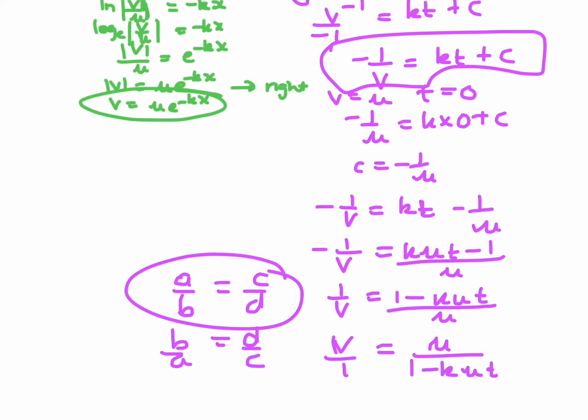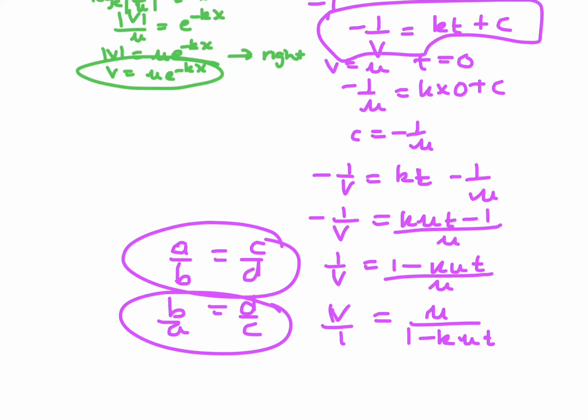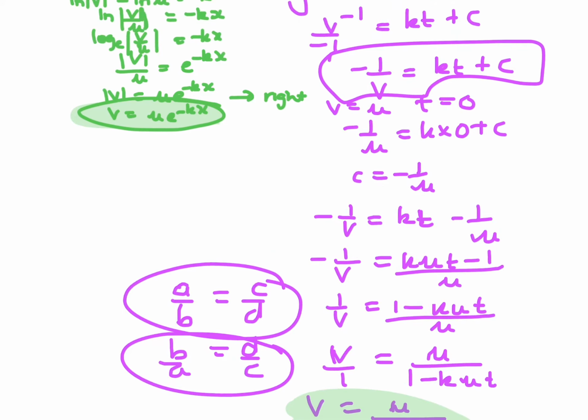It's still the same fraction. So v will equal mu over 1 minus k mu t. And there you go. So what we actually have there is v in terms of t, and up here we had v in terms of x.